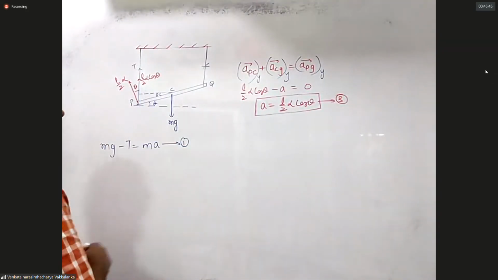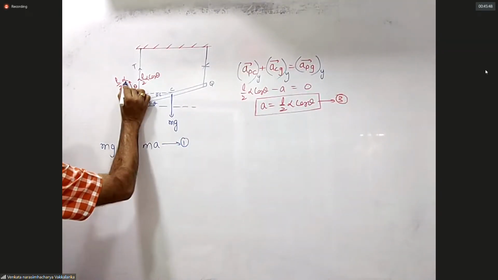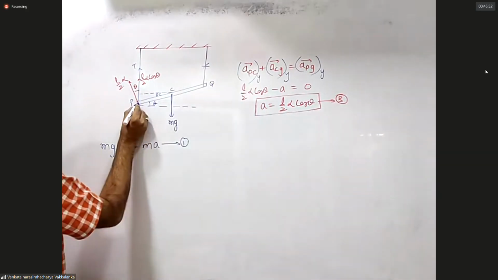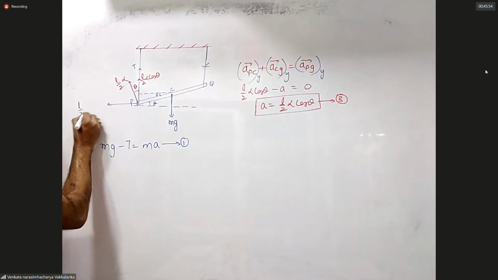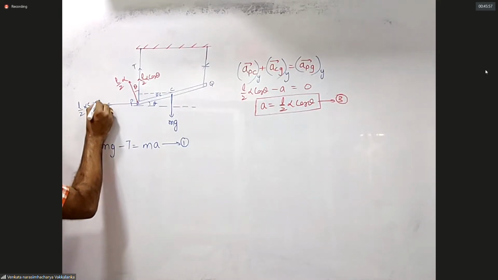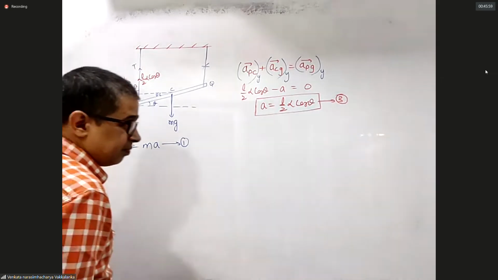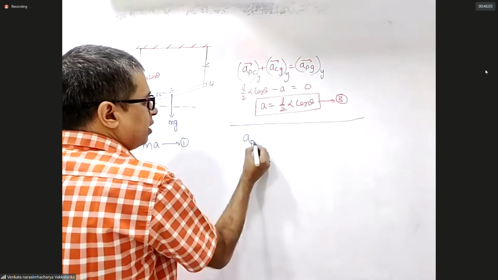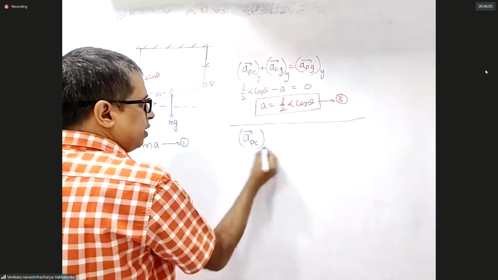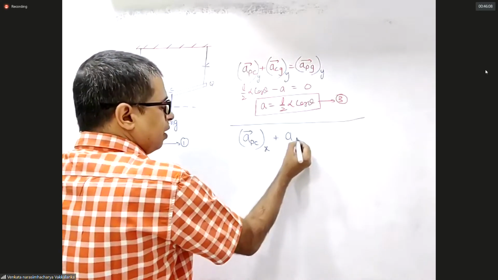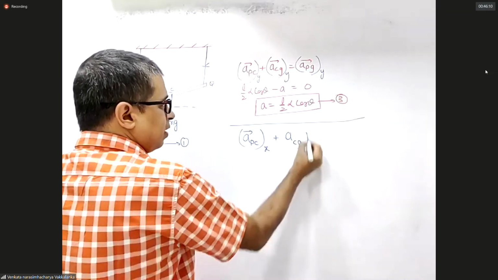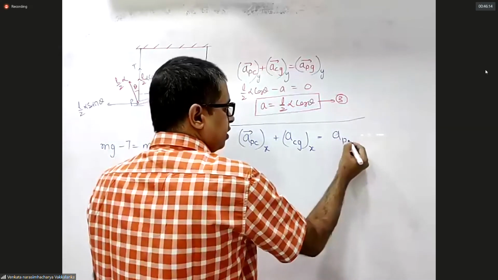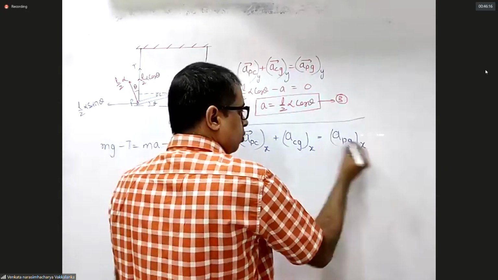Now, listen carefully. In this case, point P has L by 2 alpha acceleration with respect to center of mass along y-axis. Along x-axis, it has got L by 2 alpha sine theta. Do you agree with that? Yes, sir. So are you trying to tell me acceleration of point P with respect to center of mass along x-axis plus acceleration of center of mass with respect to the ground along x-axis will be acceleration of point P with respect to the ground along x-axis?